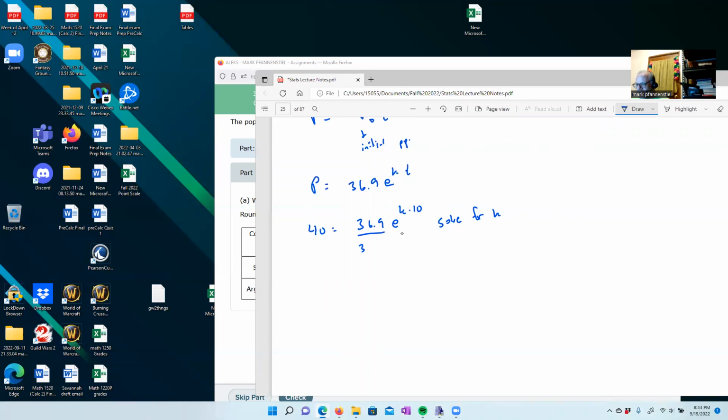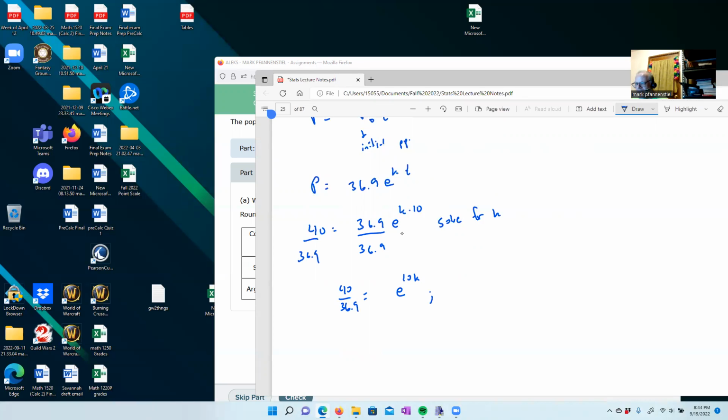First thing I'm going to do is divide both sides by 36.9. What that's going to look like, we have 40 over 36.9 is equal to e to the 10k. It doesn't matter if you write k times 10 or 10 times k. We're solving for k. There's a variable in the exponent position.